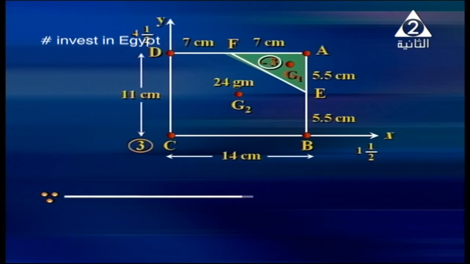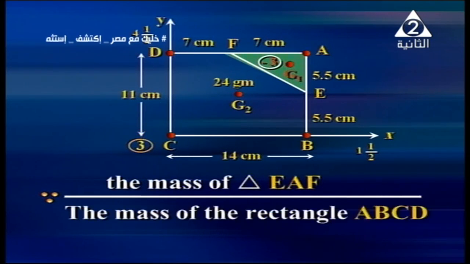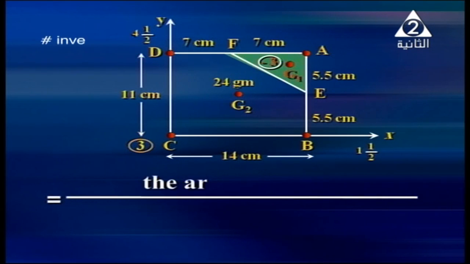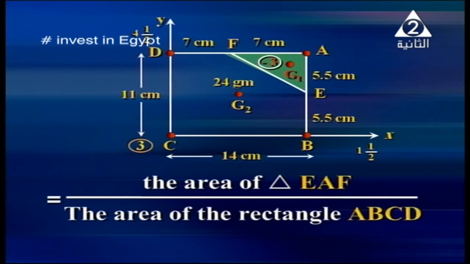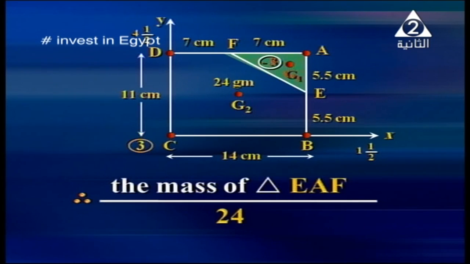When finding the center of gravity, look at the mass of triangle EAF over the mass of rectangle ABCD. What is the ratio between the area of the triangle and the area of the rectangle? This is the relation between two masses and two areas.